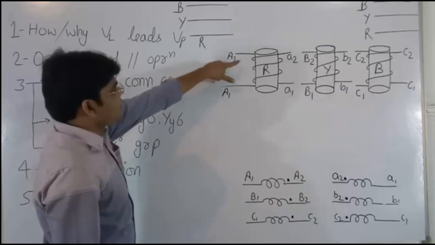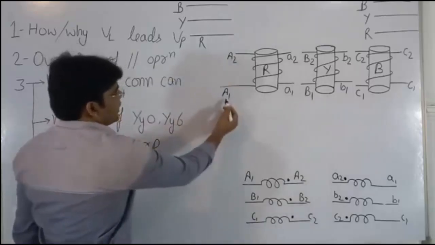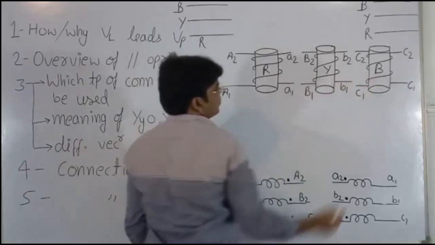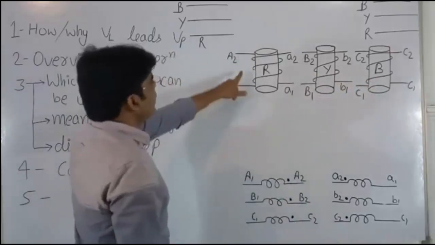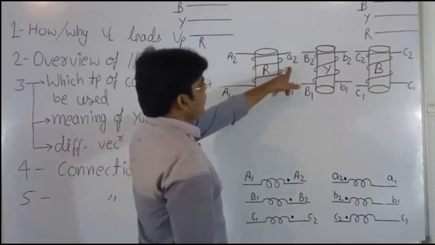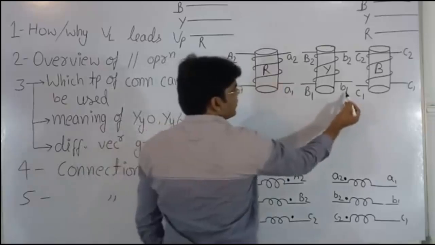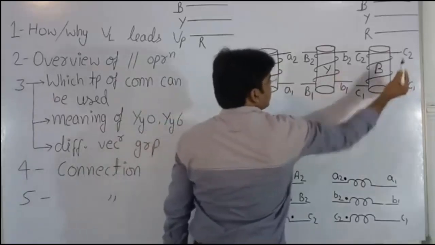I have marked these terminals as A1, A2, B1, B2, C1, C2, and the secondary winding by small letters a1, a2, b1, b2, c1, c2.